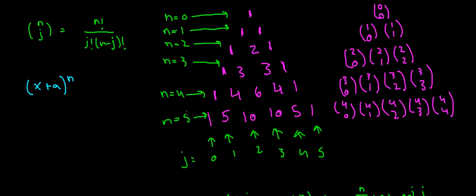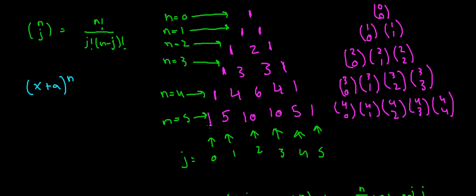If I break down Pascal's triangle, this is really what's going on. These different levels of this pyramid or triangle are the powers n, and as I go across them horizontally, these are the different j's.